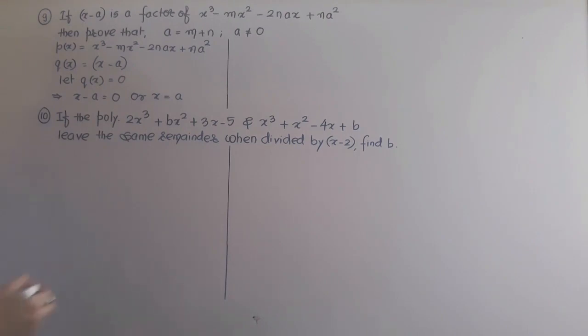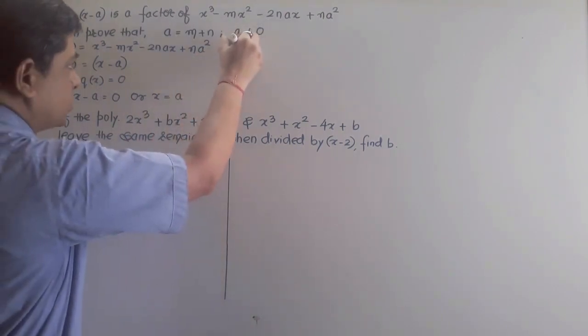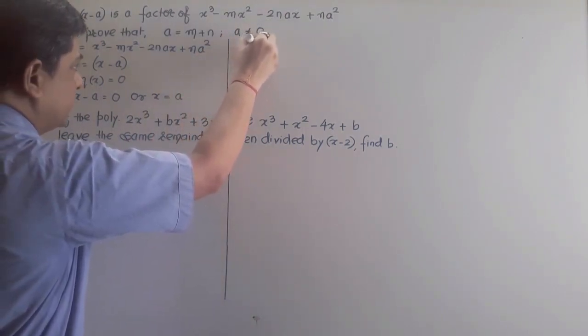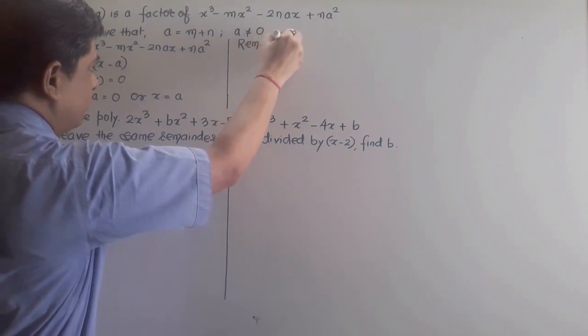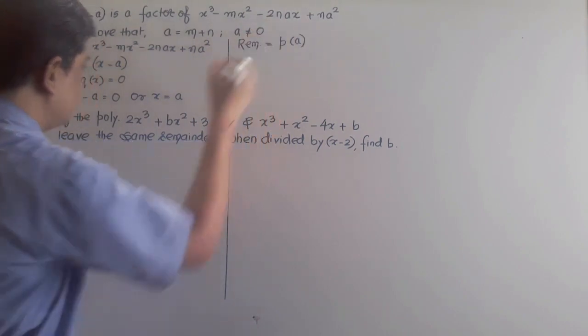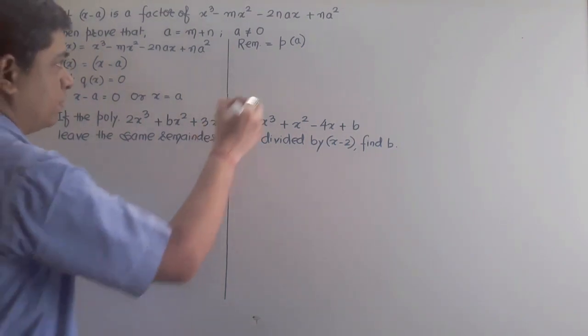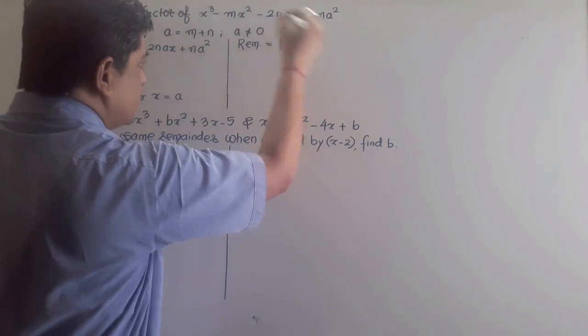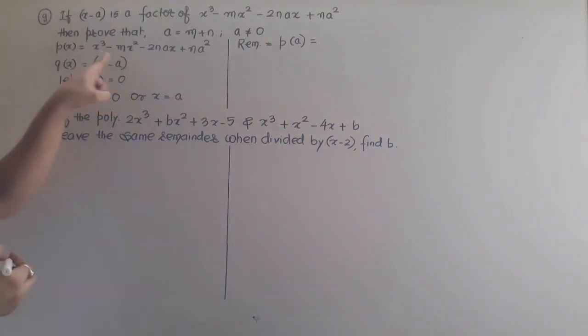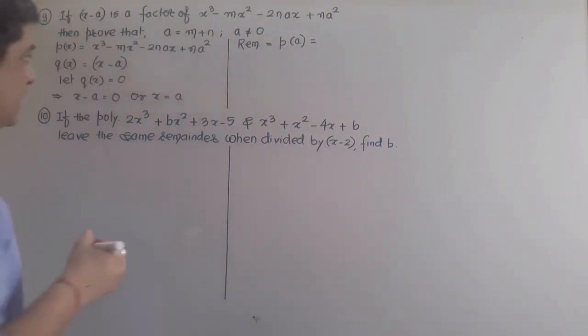Now let us find out the remainder in the question. What is the remainder here? The remainder will be equal to p of a, because when you put the value of x equal to a in p of x, you get the remainder. So if I try to find p of a, everywhere I will keep the value of x equal to a.